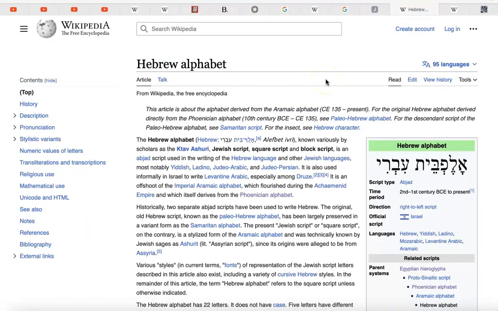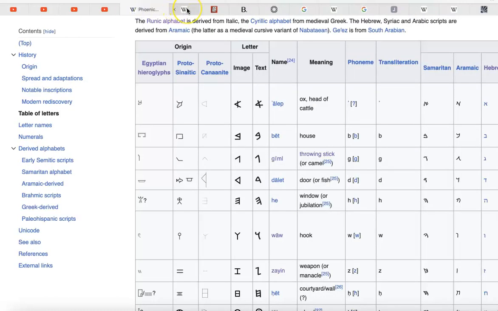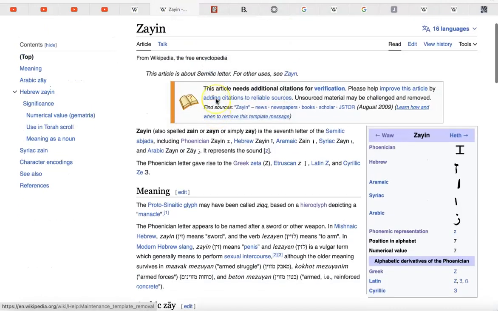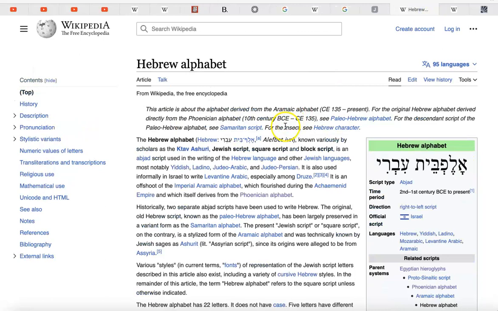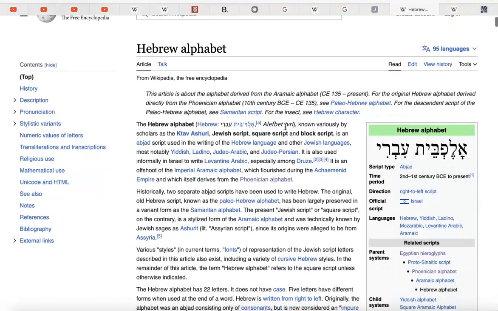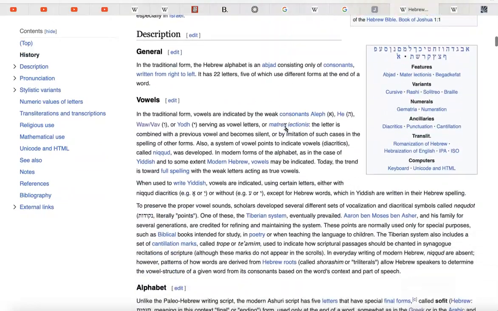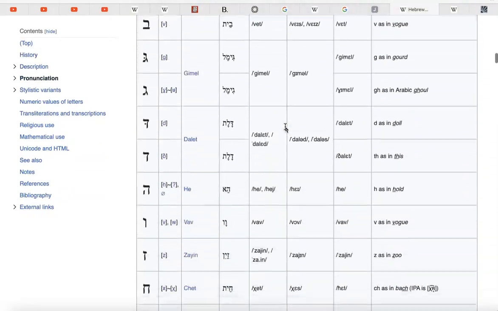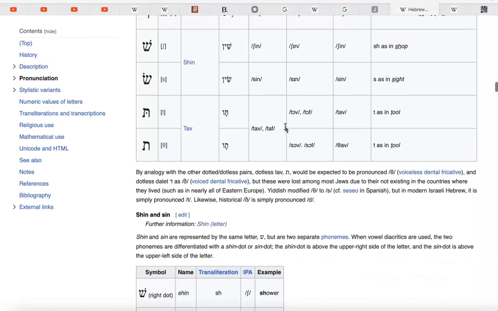We're back here again. Okay, so this all started with Phoenician and then, by extension, Hebrew. Okay, and the word for the letter Z, or Zayin. Remember, the one that looks like an X. All right, so we're going back to Hebrew. Okay, and that's where I found this kind of chart of all the letters in the Hebrew alphabet.